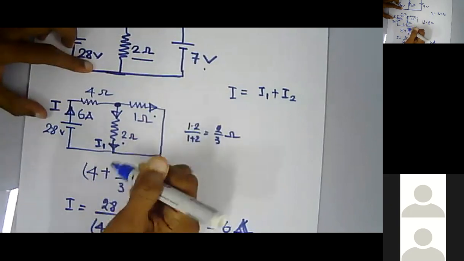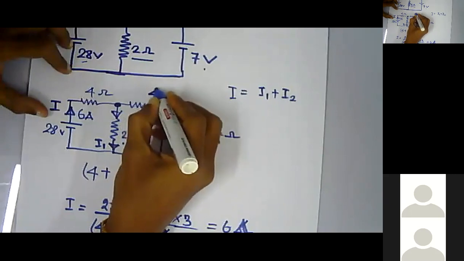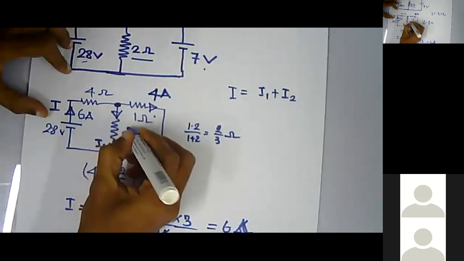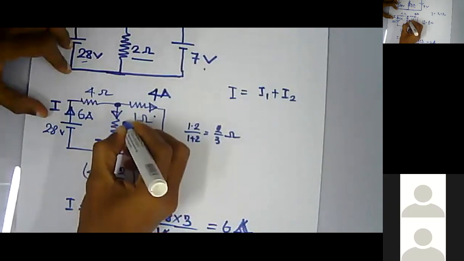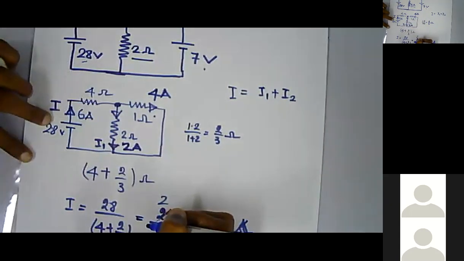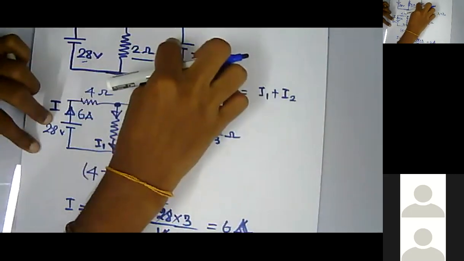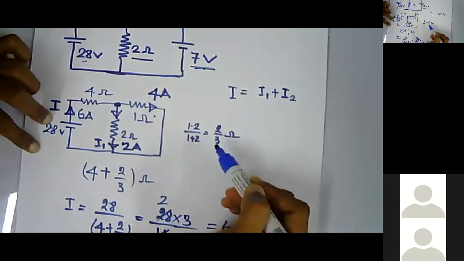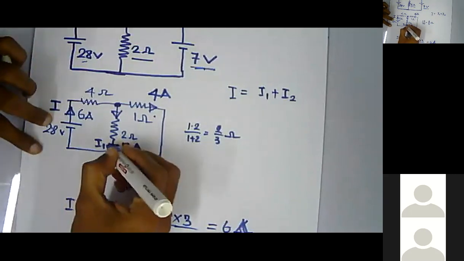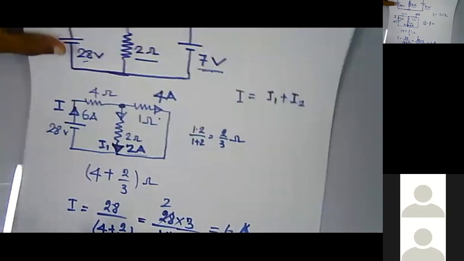So 2:1, you will have 4 amperes through the 1 ohm resistor and 2 amperes through this 2 ohm resistor. So without this 7 volt battery, we have calculated a 2 ampere current flowing from top to bottom through this 2 ohm resistor.